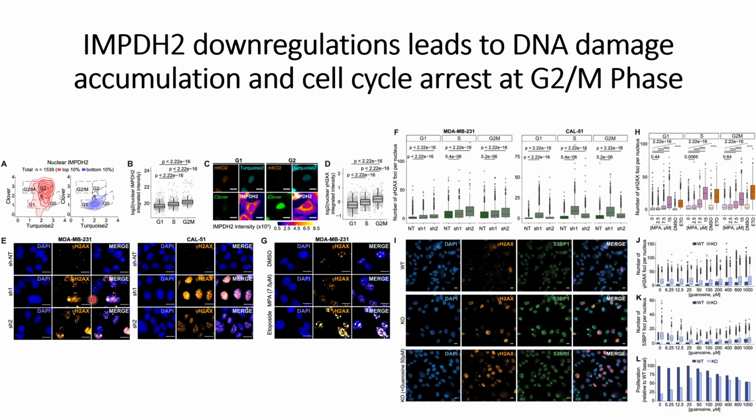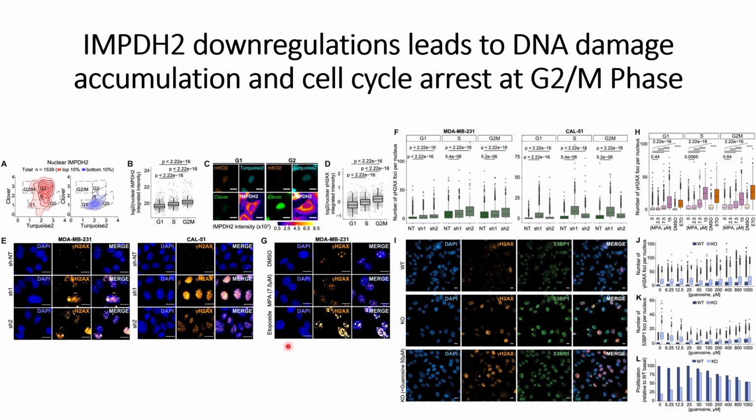And these things are quantified in panel F, where we can see that with the presence of the silencing RNA, the amount of DNA damage is high, statistically significant compared to the control case for G1 phase, S phase, and G2M phase.